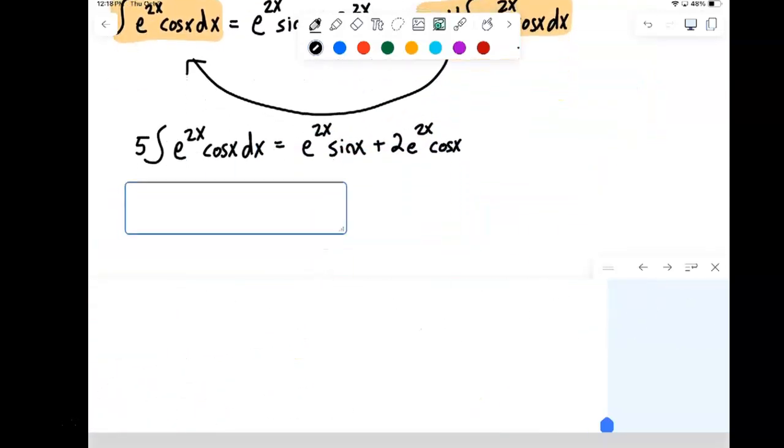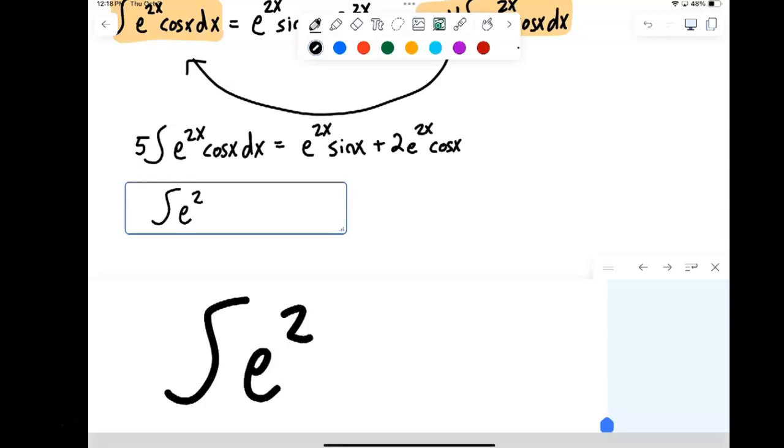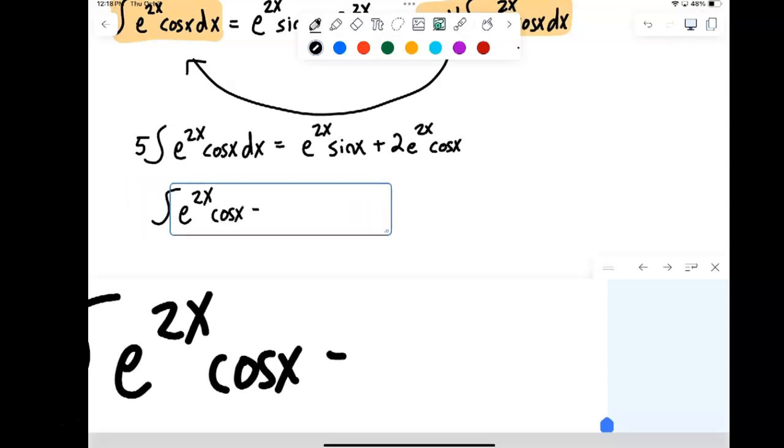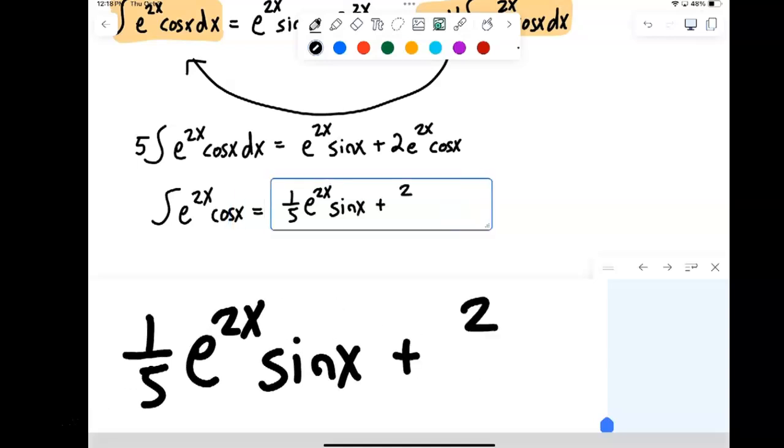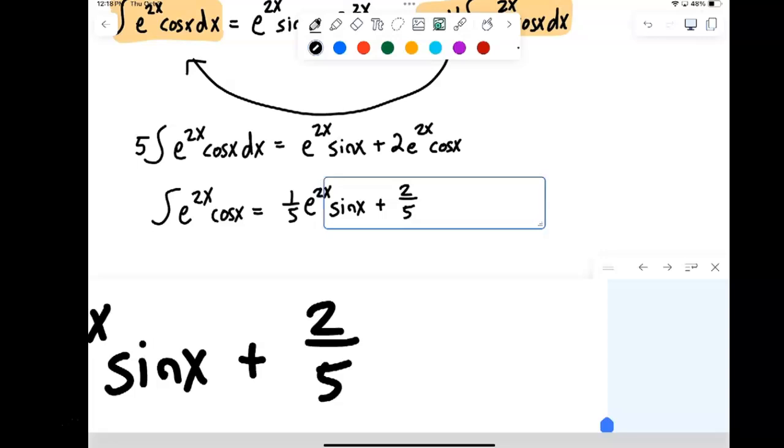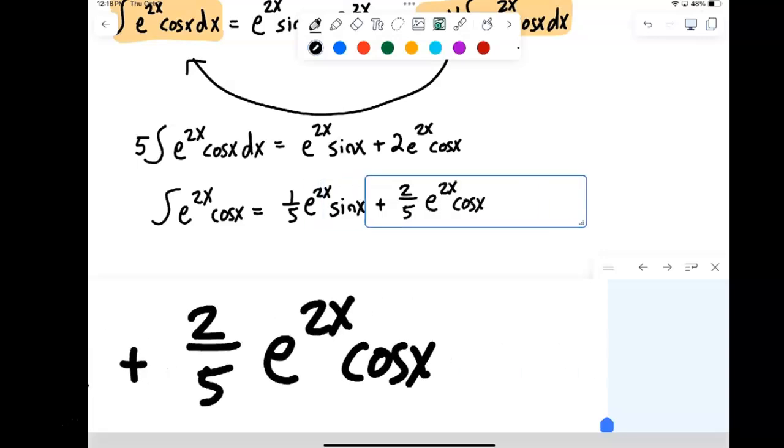So finally we get that our original integral of e to the 2x cosine x is equal to 1/5 e to the 2x sine x plus 2/5 e to the 2x cosine x, and then don't forget, of course, our plus constant of integration.